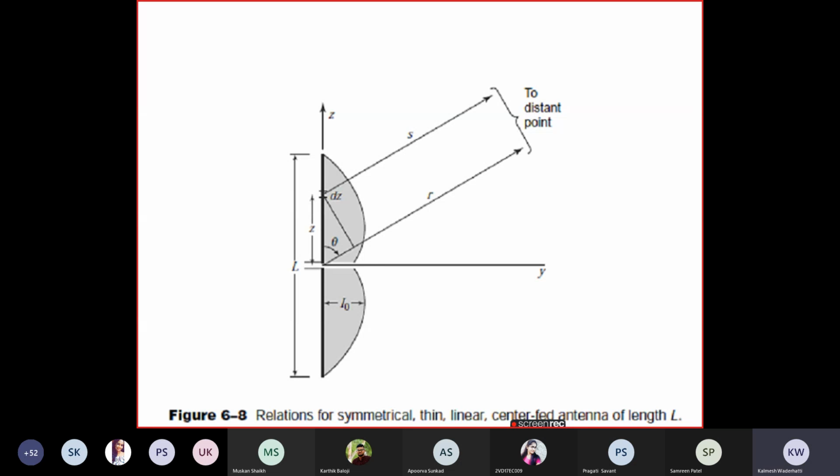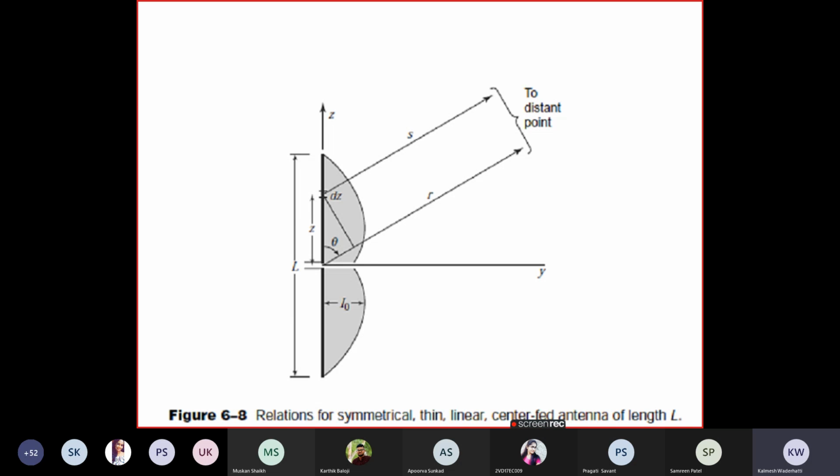Here is the dipole we are considering to derive the equation for the far field, that is E theta as well as H phi. Understand here, the far field equations will be E theta as well as H phi. Here the length will be L. Z is the axis along the dipole.